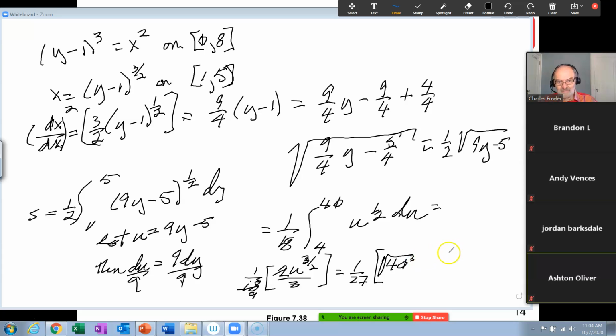This is where it gets a little messy. Minus the square root of 4 cubed.